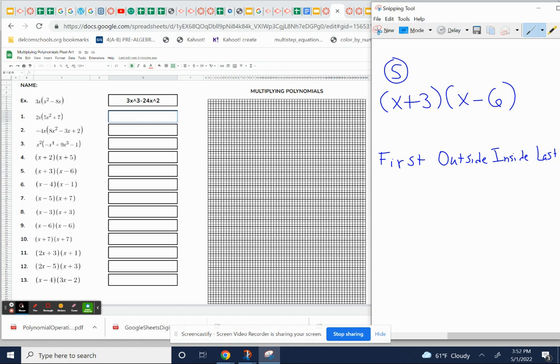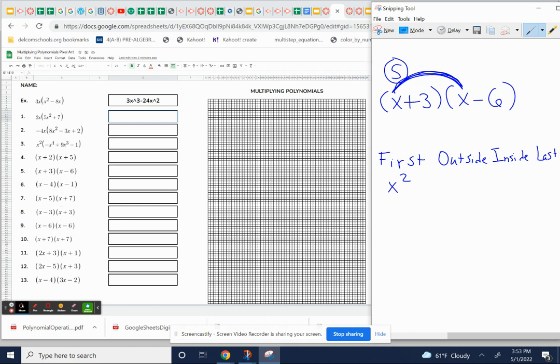When it says first, I'm going to take the first piece in each binomial and multiply those together. So I'm going to multiply x times x, and that's going to be x squared. The outside is next.